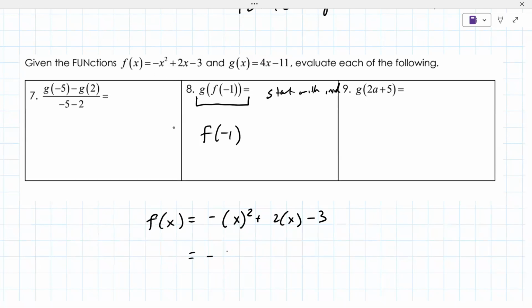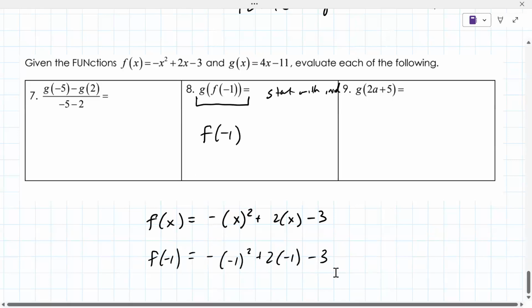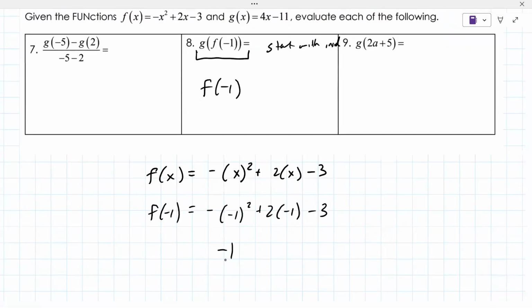So this is negative (-1) squared plus 2 times (-1) minus 3. (-1) squared is 1, the negative of that is -1, minus 2, minus 3.